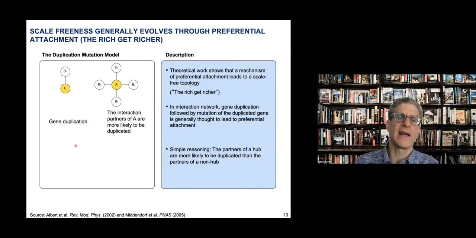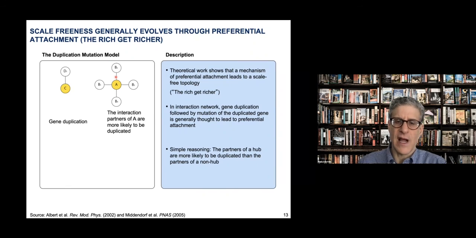And you can see naturally how this type of thing fits with a gene duplication model. If you imagine you have two proteins that are interacting, but imagine that they are duplicated. When you duplicate one protein, it will tend to go back and interact with its original partners.